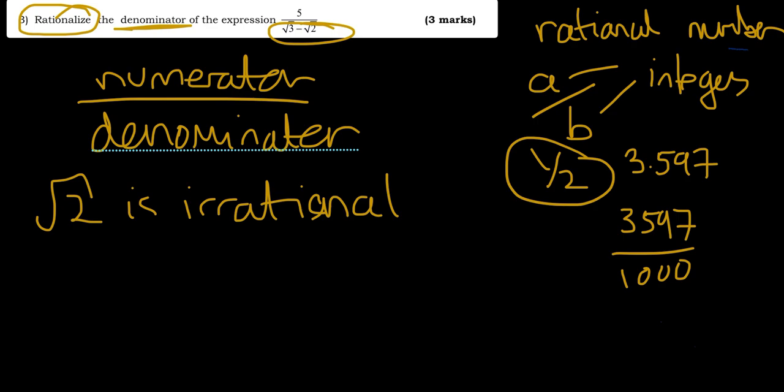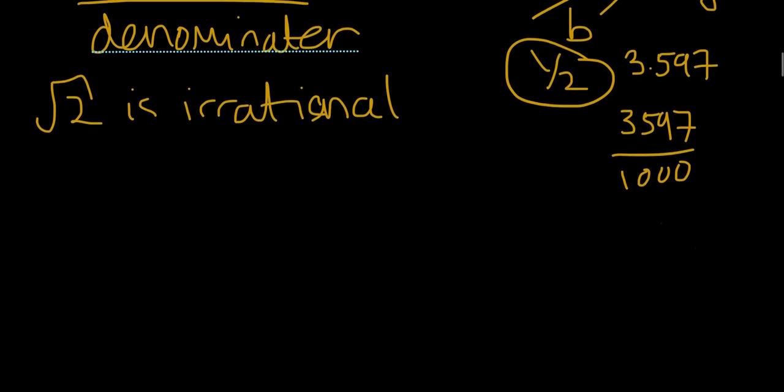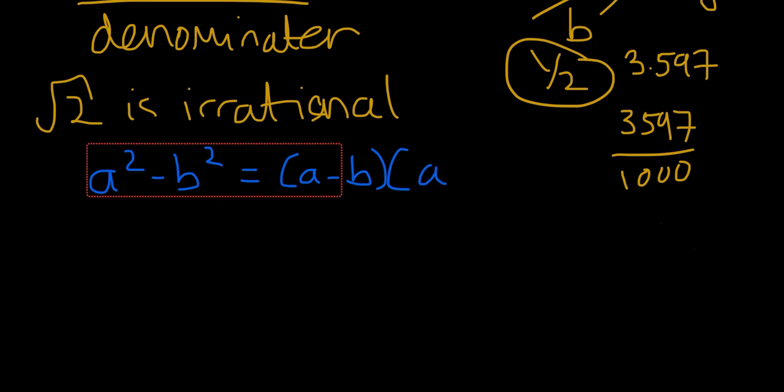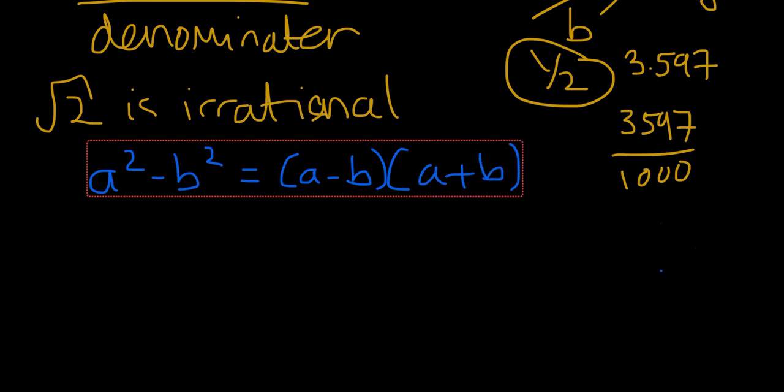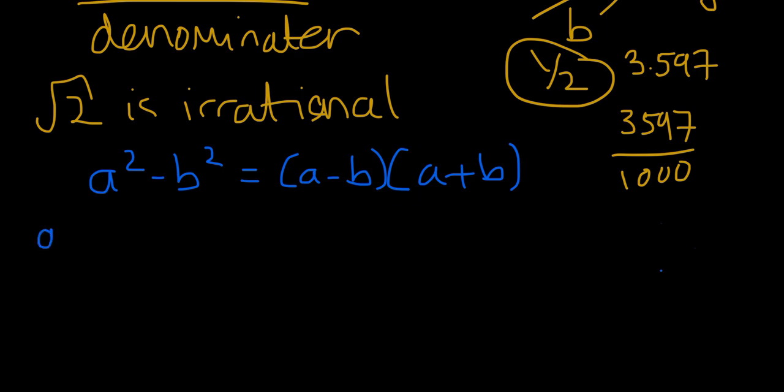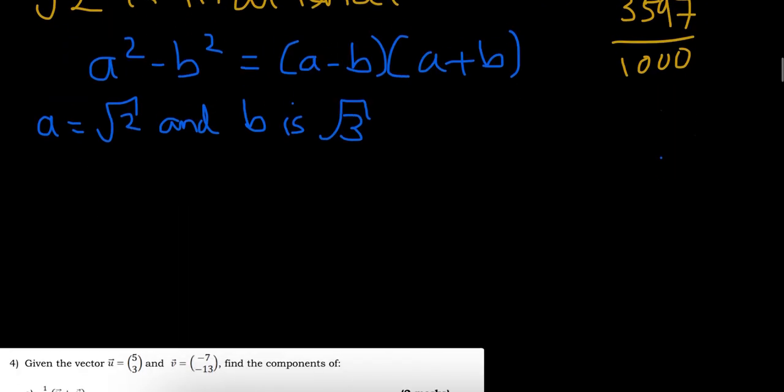So we're going to do a small amount of revision. Now we're going to remember that a squared minus b squared is a minus b times a plus b. This doesn't look very helpful, but let's say that a is square root of 2 and b is square root of 3. Now it looks much more useful, right?